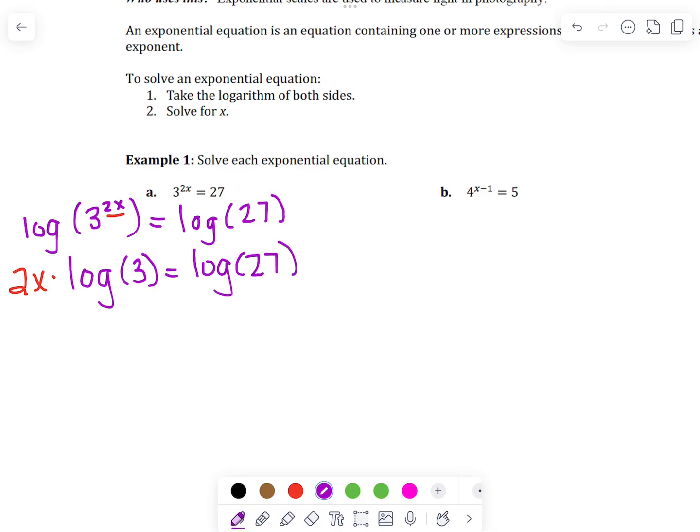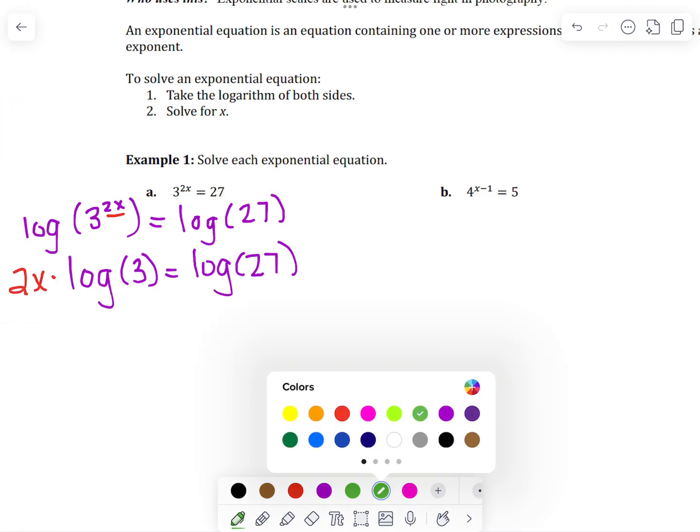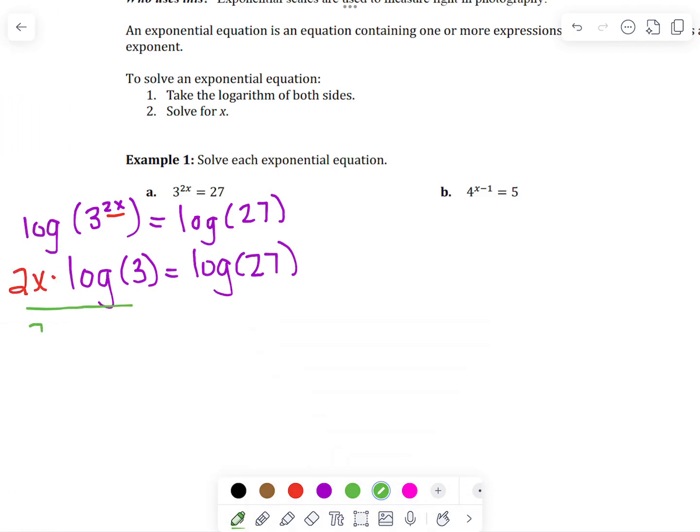Now what we want to do is get the x by itself. So what we can do is divide both sides by 2 times log of 3, and then divide the other side by 2 and then log of 3.